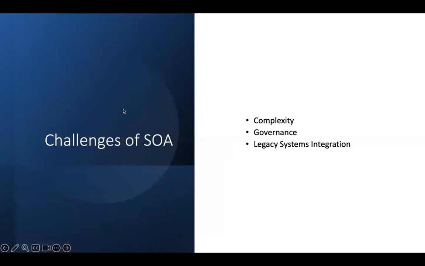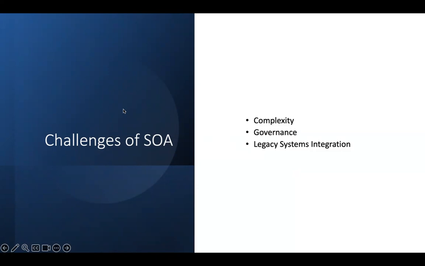Because of its scalability and also its use in large enterprises, we also have some challenges in service-oriented architecture. For example, complexity. Managing a large number of services can become really complex depending on the size of the application and also the amount of services you have to manage.